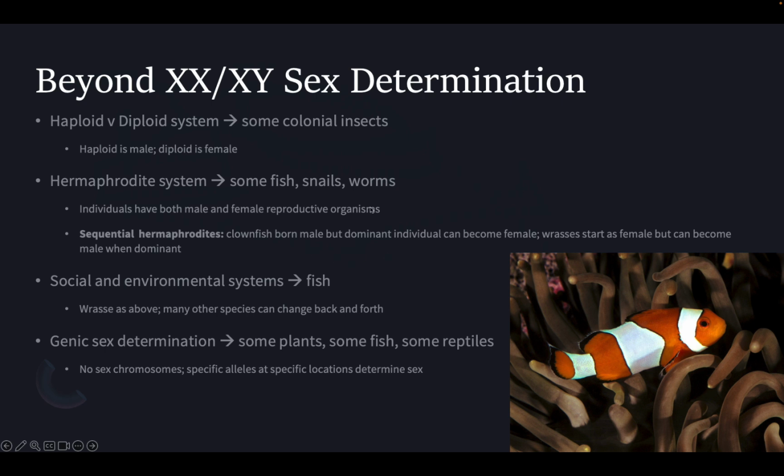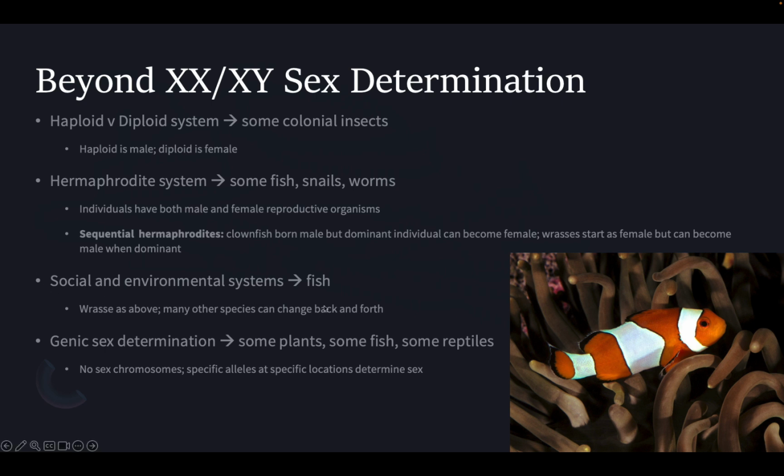So sometimes the individual can fertilize itself, or sometimes the individual will cross-fertilize. And in that, we also have sequential hermaphrodites. Clownfish, like Nemo, they're all born male, but a dominant individual can become female. A fish called wrasse, they start as female, but they can become male if they are the dominant female.